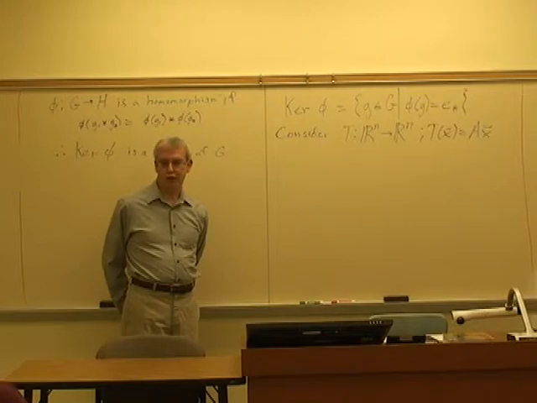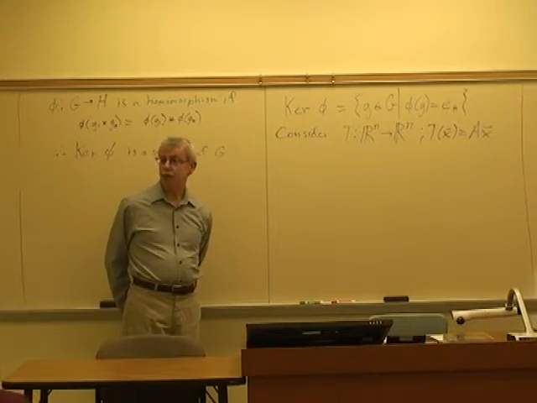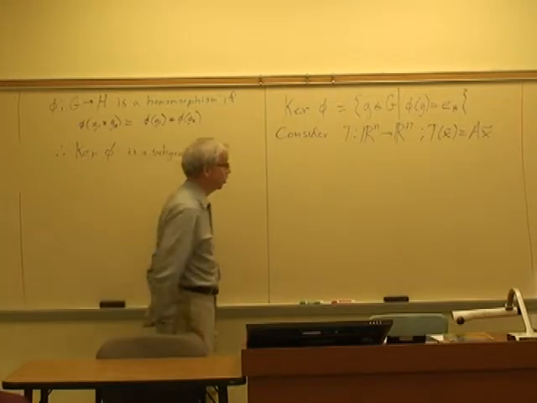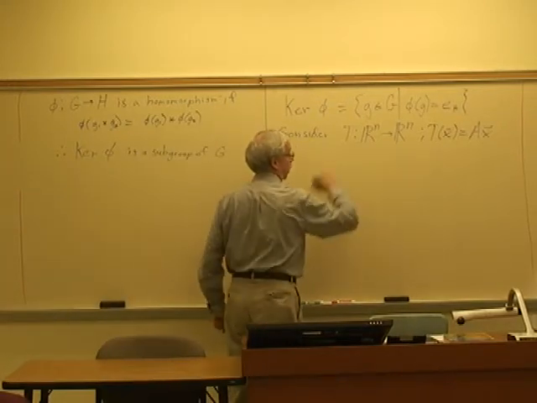What do I do with vectors? I get another vector. How do you combine vectors? You add them, right? This is a group under vector addition. So both of these are groups.